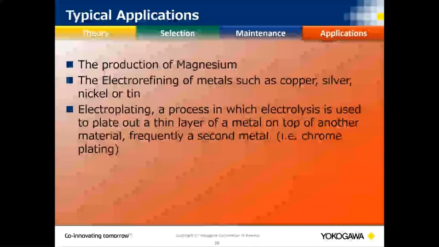A couple others that we have here. This is a lot shorter presentation than when it comes to pH, because ORP is just so new, not new, but less known. We don't want to overpower or over-numb you with death by PowerPoint. But basically, magnesium, refining of copper, silver, nickel, tin, all those use ORP electrodes.